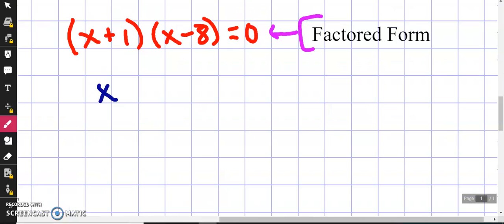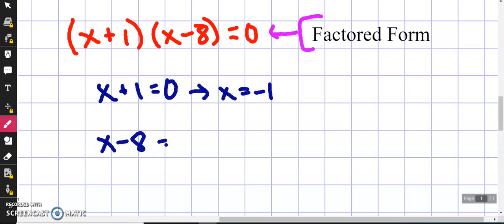To get my roots, once again, we need to bring the factors down to 0. If x plus 1 equals 0, then x equals negative 1. And if x minus 8 equals 0, then x would need to be positive 8.